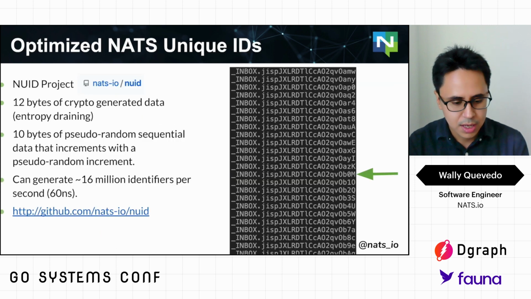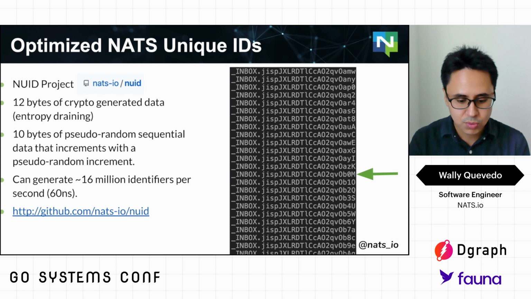It can generate around 16 million identifiers per second. This is what we're doing for request-response to not induce any latency.